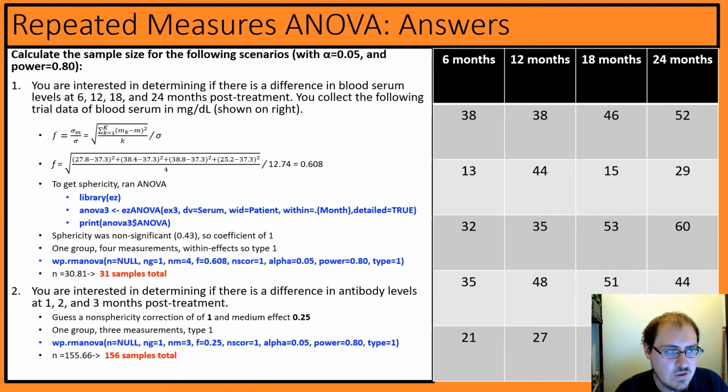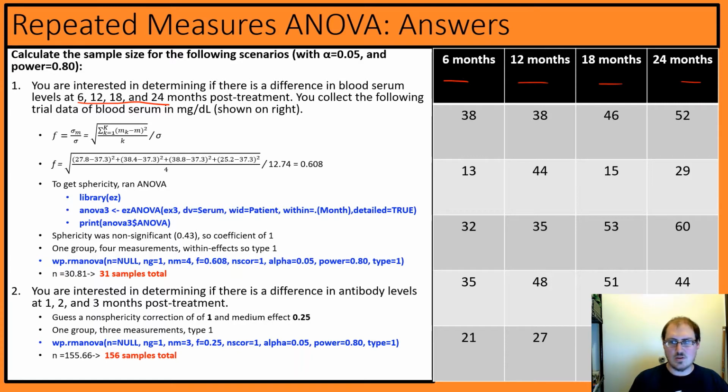Okay, let's dig into number 1, where we're actually given raw data. It looks like there's 4 different treatments or 4 different measures. So we want to get our effect size.